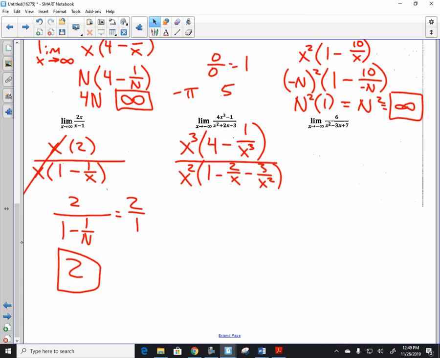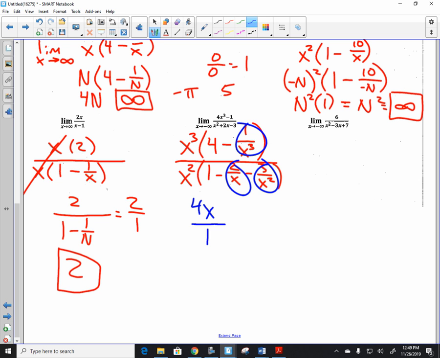Folks, let's save ourselves some time here. What's going to happen with the 1 over x cubed? It's going to go to 0. What's going to happen with the 3 over x squared? What's going to happen with the 2 over x? 0. And what's going to happen with x cubed over x squared? You're going to end up with just x in the numerator, right? So you end up with 4x over 1. Would you agree?